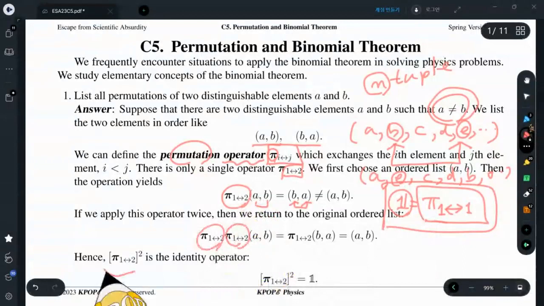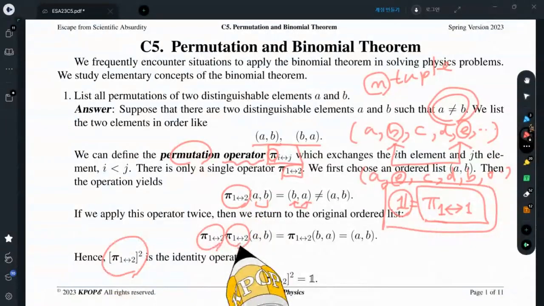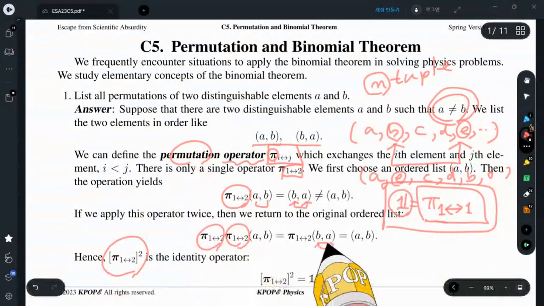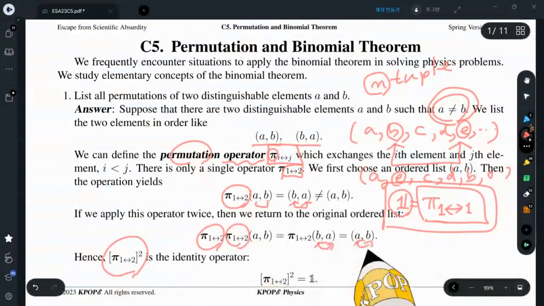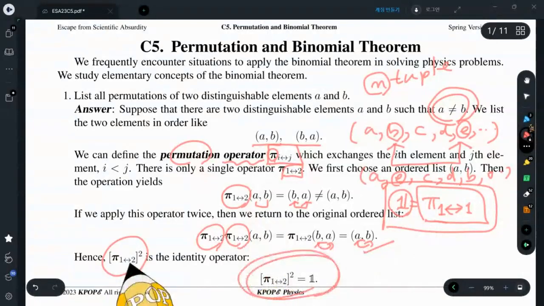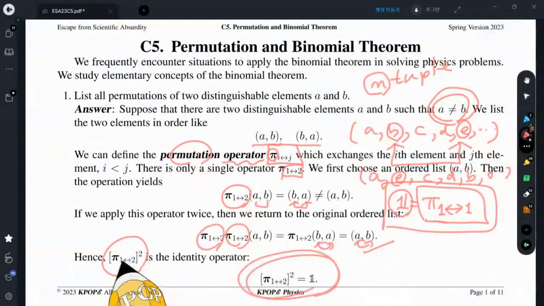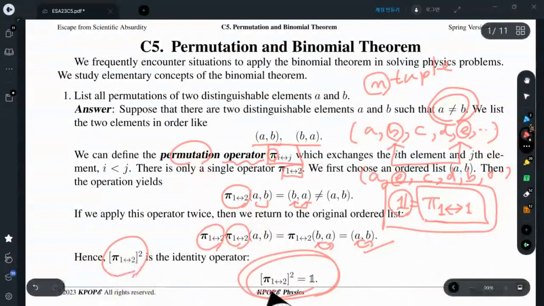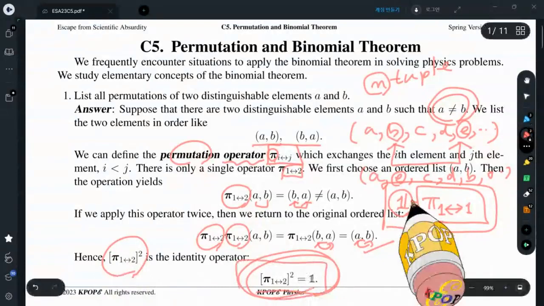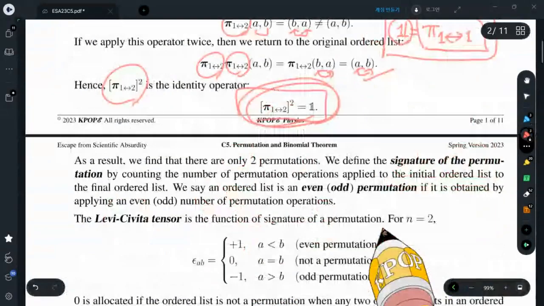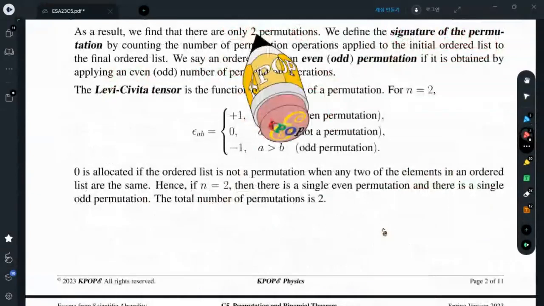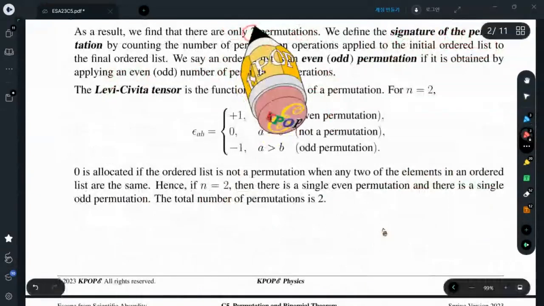In that case, this squared permutation operation doesn't change anything. It returns to the original form. So any permutation exchanging any two elements twice repeatedly gives the same result. So that is a trivial identity operation.